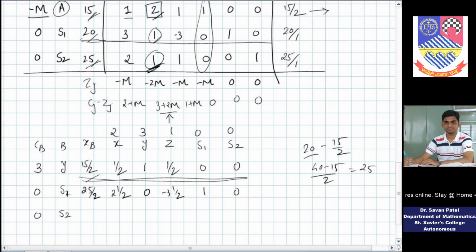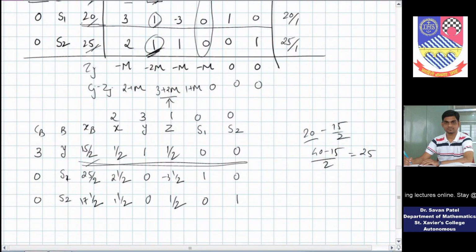And 1 minus half is half. Now 0 minus 0 is 0 and 1 minus 0 is 1. So we are having this as the final table after the first stage. Let me draw this line so you can get it. Okay.